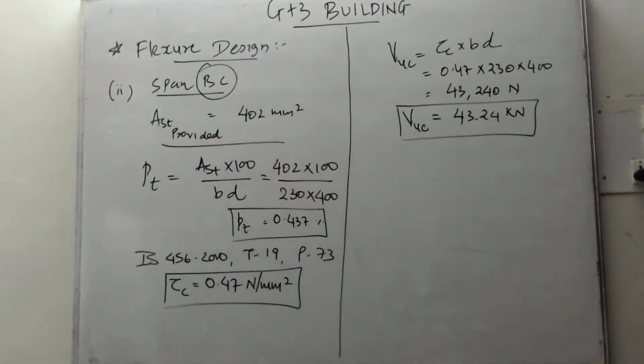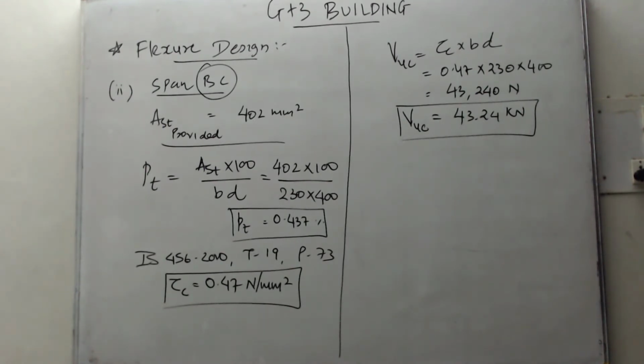After finding VUC, we need to find out the total shear resistance of concrete plus minimum stirrups. VUC is the shear resisted by concrete. We already know the shear resisted by the stirrups, that is 48.40, from the previous lecture.